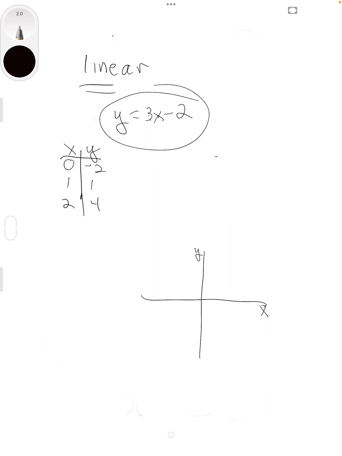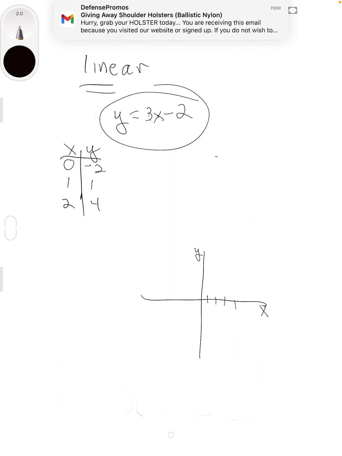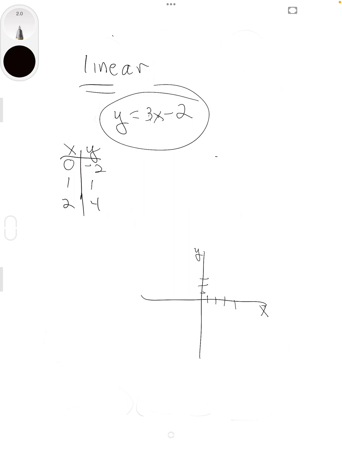And you'll notice that when I put in different x's, I get different y's. If I were to take a graph like this one and went ahead and graphed them, 0, negative 2, that's a dot, and 1 over, 1 up, that's a dot, 2 over, 4 up, that's a dot.